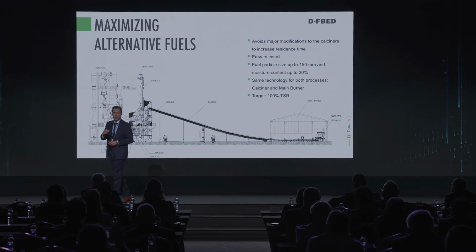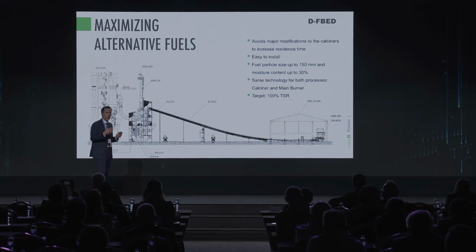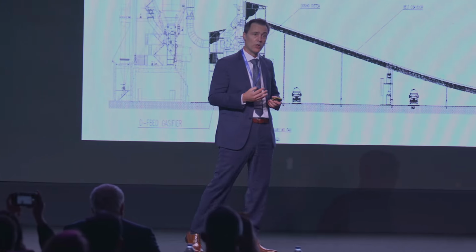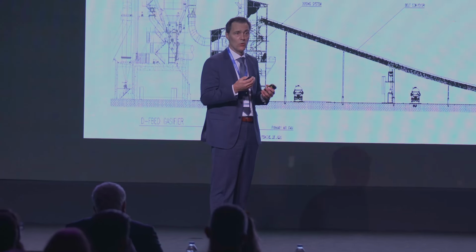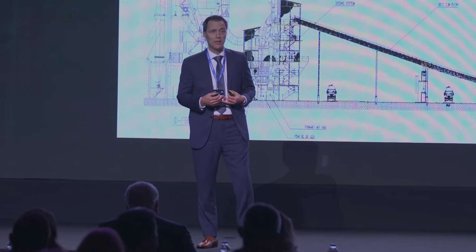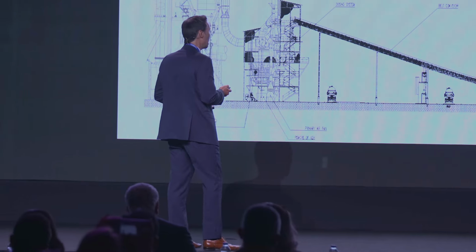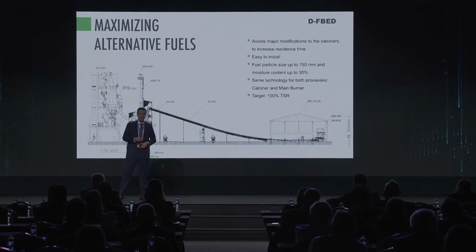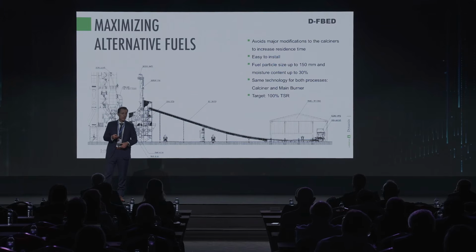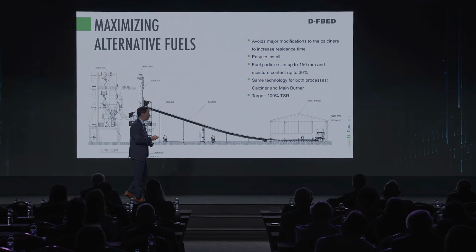Since it's installed at ground level, it does not require major civil works to modify the preheater. So we reduce downtimes for erection drastically. It is capable of handling fuel particles up to 150 millimeters and moisture content up to 30%.